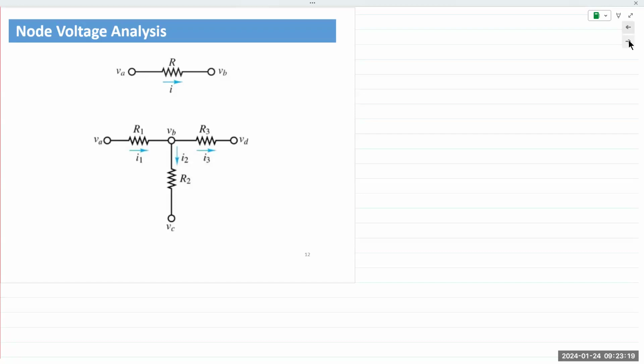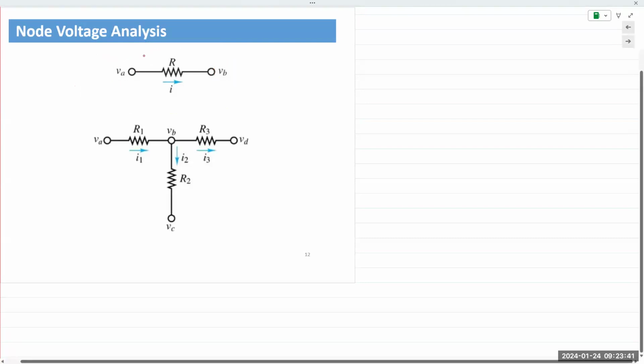Okay, our job is to write out equations, and the equations will have variables. The variables in this technique are the node voltages. So how do we write out equations? Well, here's an example with a single resistor right here. I have node voltages VA and VB, resistor R, and the current direction given here.